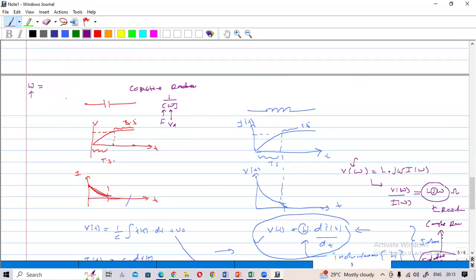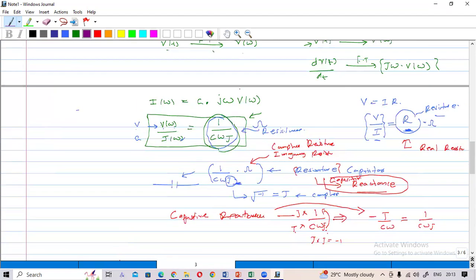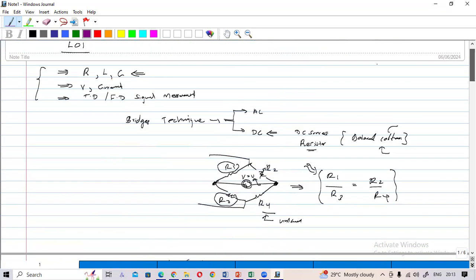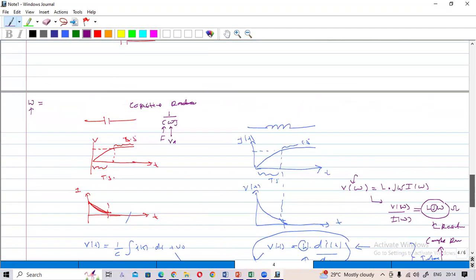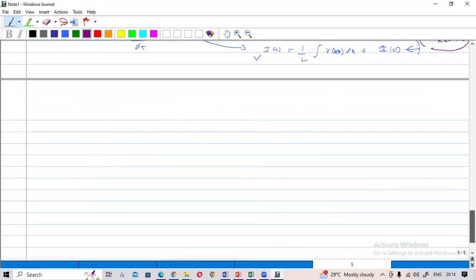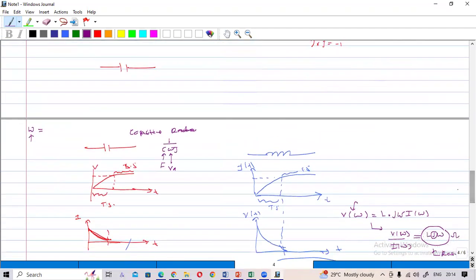We will see them later, as I told you, when we have to learn the time domain and frequency domain signal measurement. So you have to do some sine signal measurement, sinusoidal signal measurement. For a sinusoidal signal, this omega we normally refer to as angular frequency.